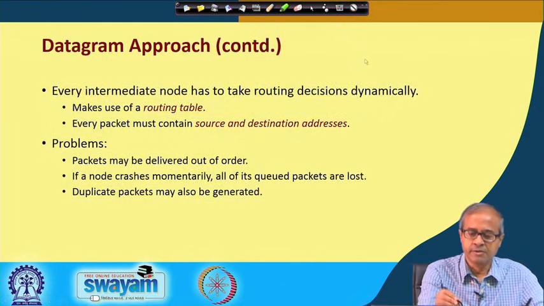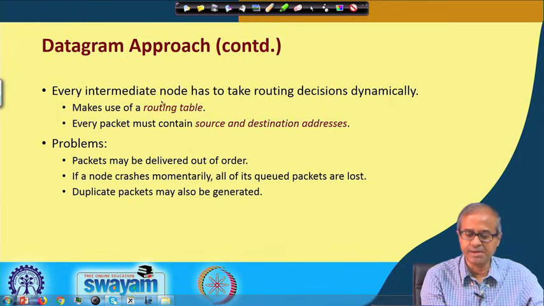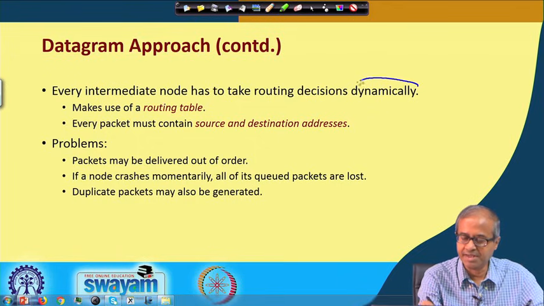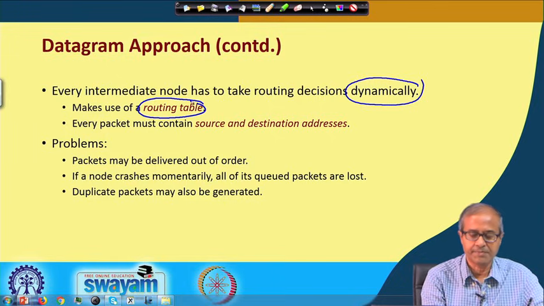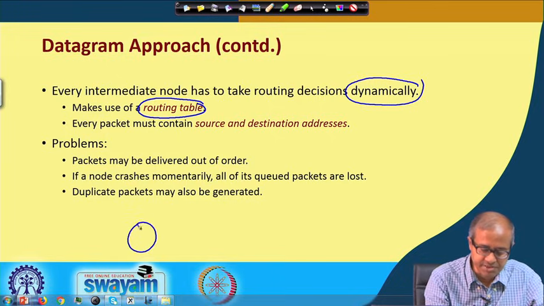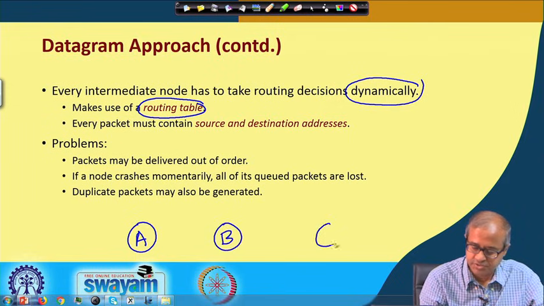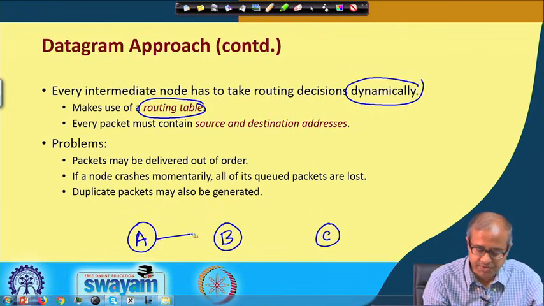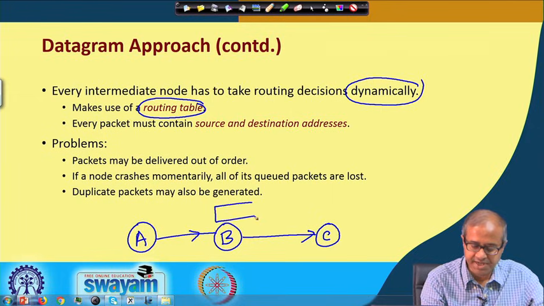Fine. Here every intermediate node will be taking dynamic decisions. It will be maintaining something called a routing table. Think of a scenario where there is a node A, a node B, and a node C. You are sending data from node A to node B and then from node B to node C. Node B will have a table that it maintains.